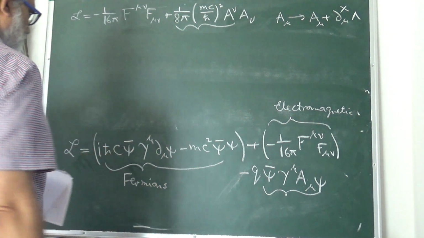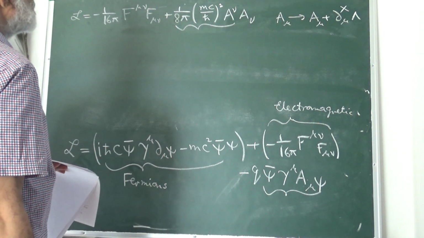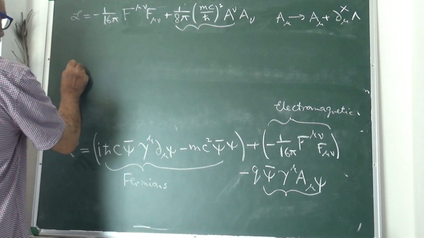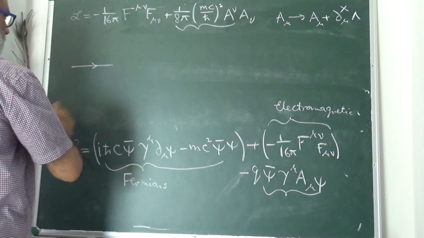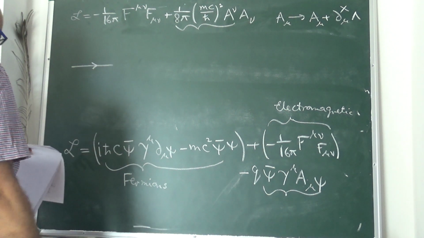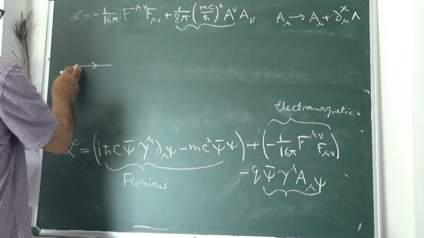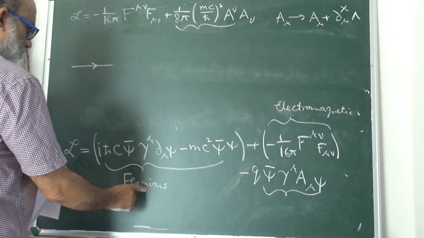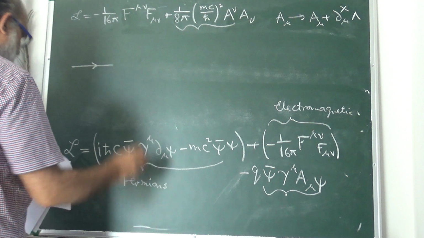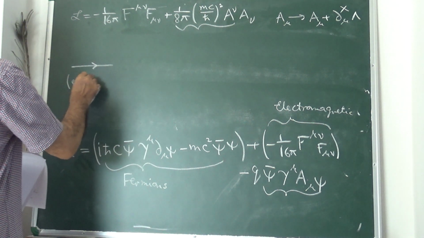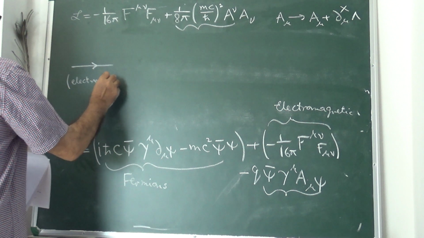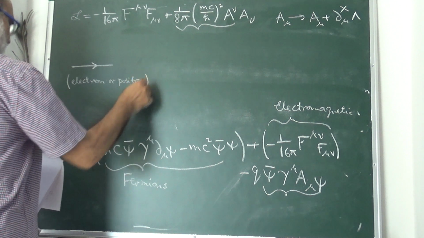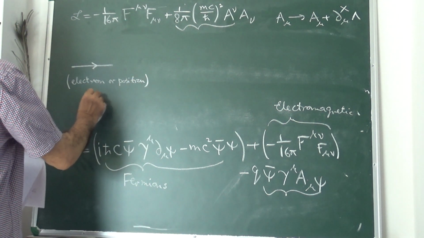In a Feynman diagram, this will represent a straight line, and a fermion is moving in space-time. This is represented by an arrow. This is maybe an electron or positron or any fermion.